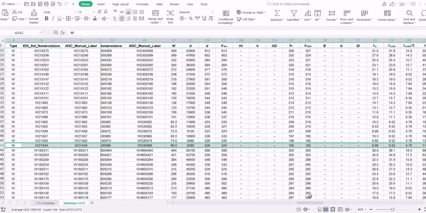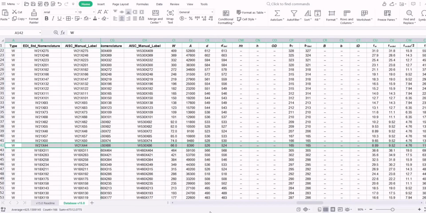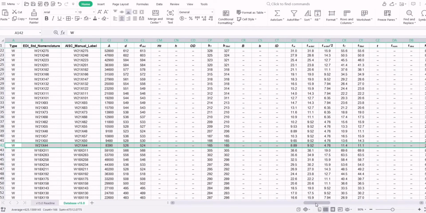We have its area. The depth is 526 millimeters and the width of the flange is 165. The thickness of the web is 8.89 and the thickness of the flange is 11.4.